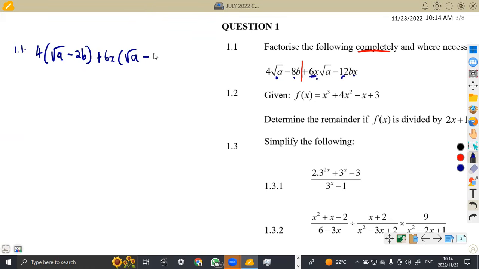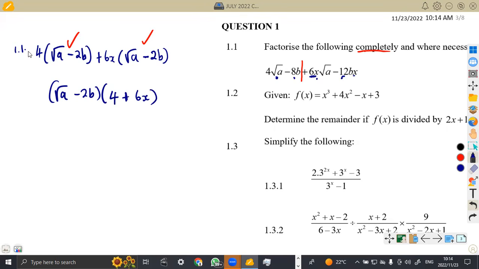That means we remain with 2b. So the 2 brackets are the same, square root of a minus 2b, square root of a minus 2b. So that means we can have the square root of a minus 2b, into the other part, we remain with 4 plus 6x.